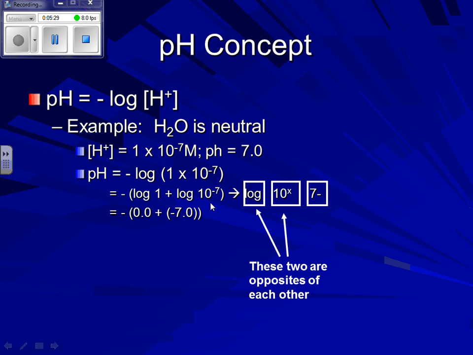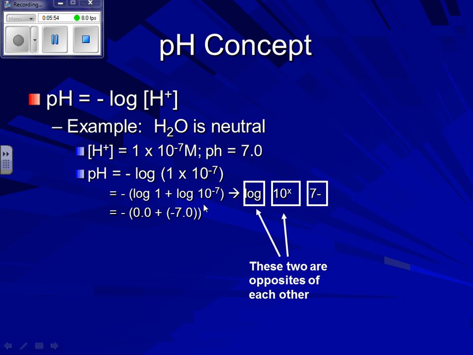Now if I take the log and I hit my second function log, and then -7. Otherwise, depending on your calculator, you might have to go second function and log, or you go -7, and then your anti-log, and then hit your log, you're going to get -7.